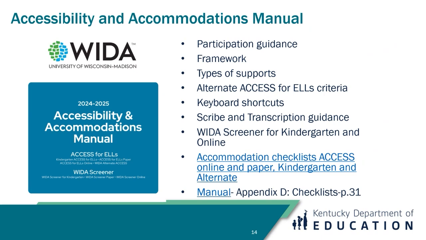And for students who have an IEP or 504, in our Monday DAC email on July 8th, we had resources for supporting ELs with disabilities. And there was some new guidance to help you with the WIDA Screener for ELs who are blind or visually impaired or who are deaf and hard of hearing.